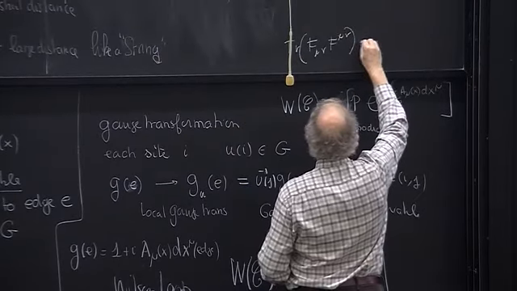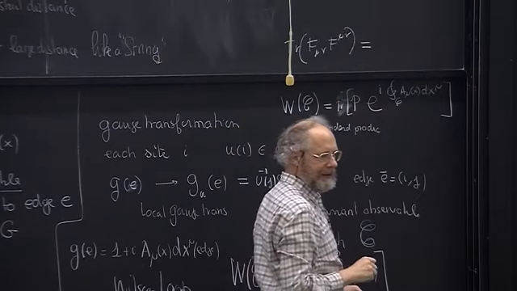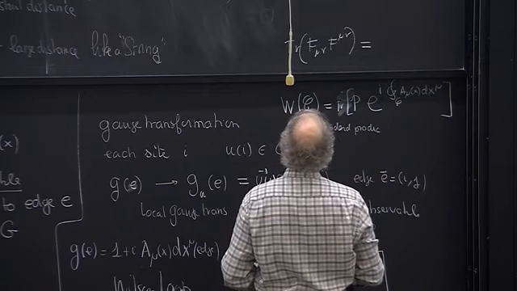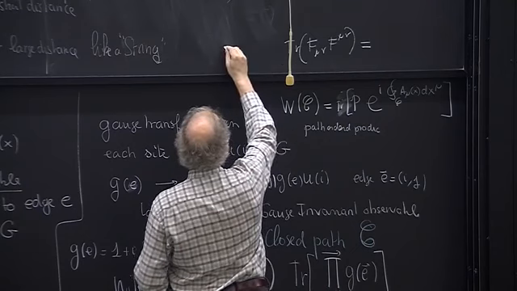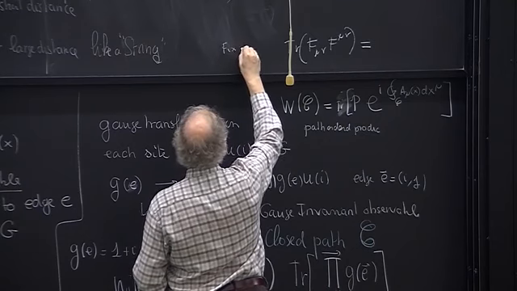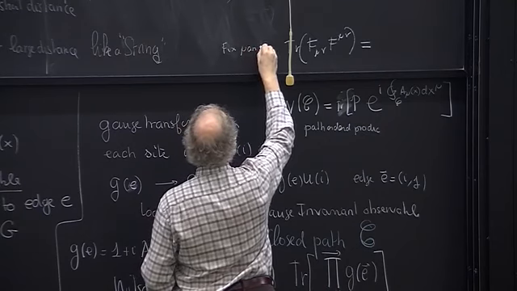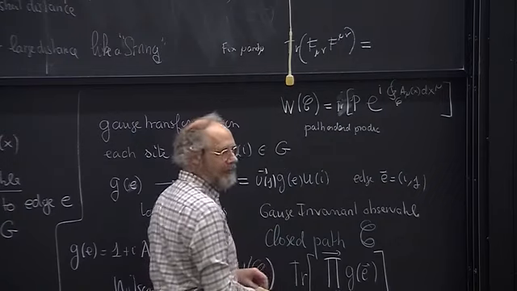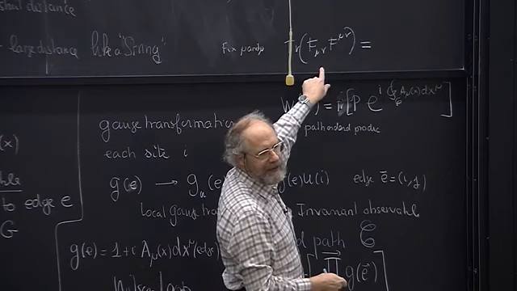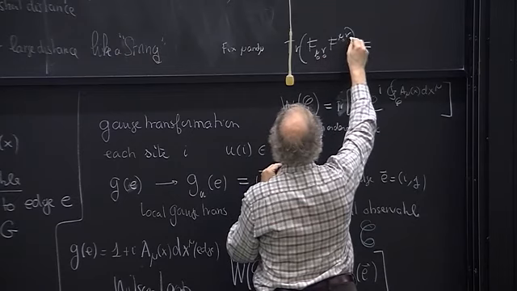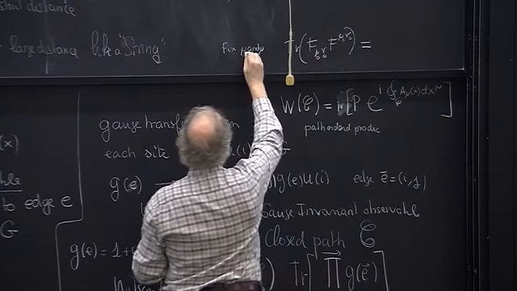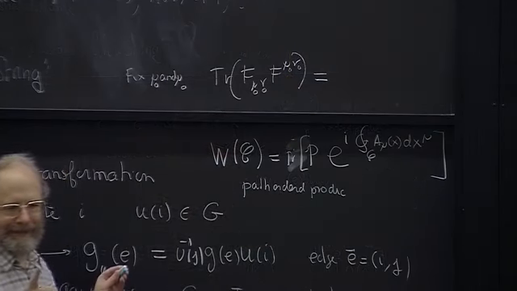But you can check that this object, you imagine that you fix mu and nu. This is still gauge invariant. It's not Lorentz invariant. So let's say mu 0, nu 0.